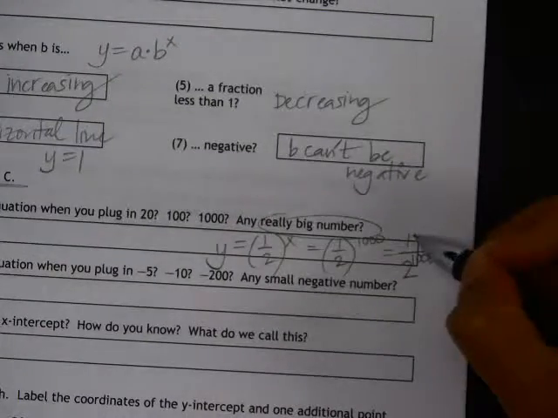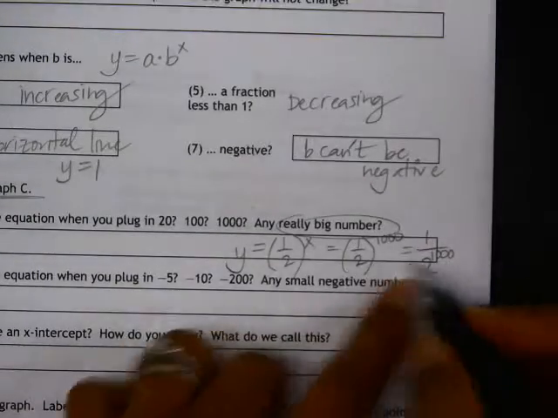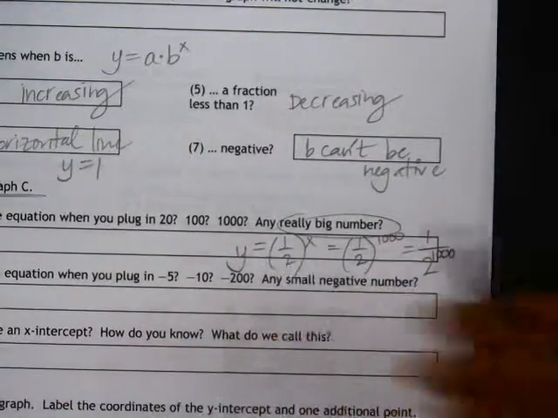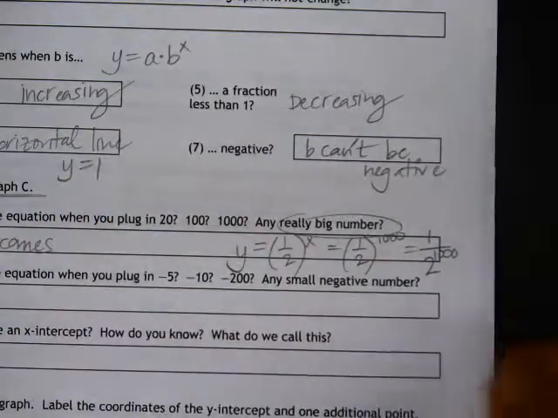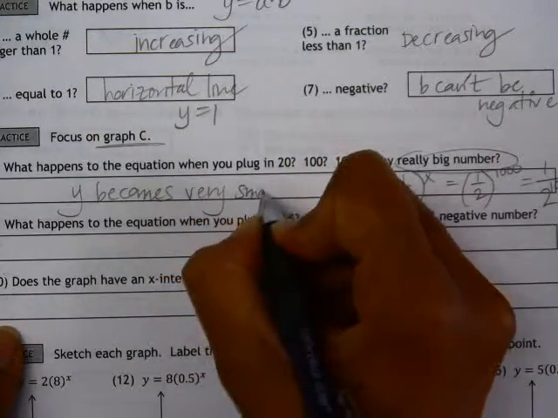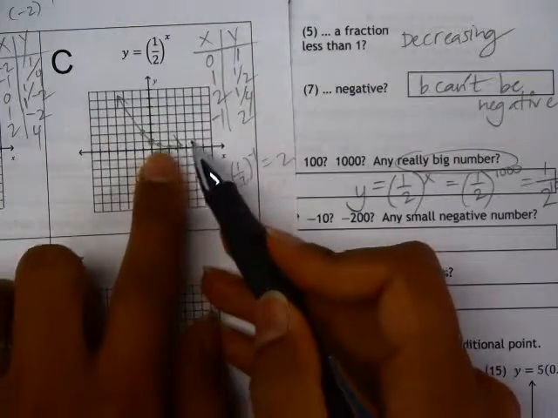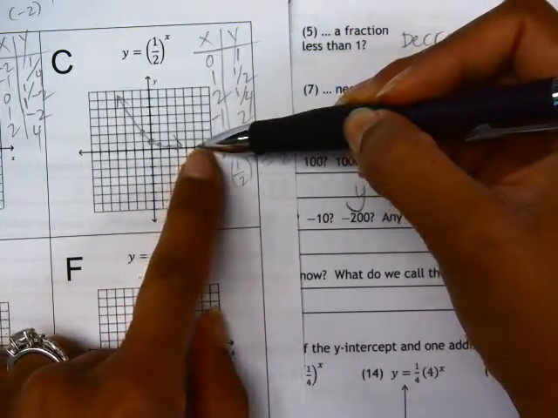So if you have 1 over a really big number, you're getting a y value that's really close to 0. So y becomes very small. And you can also see that on the graph. As x is getting larger and larger and larger, our y value is getting really close to 0.